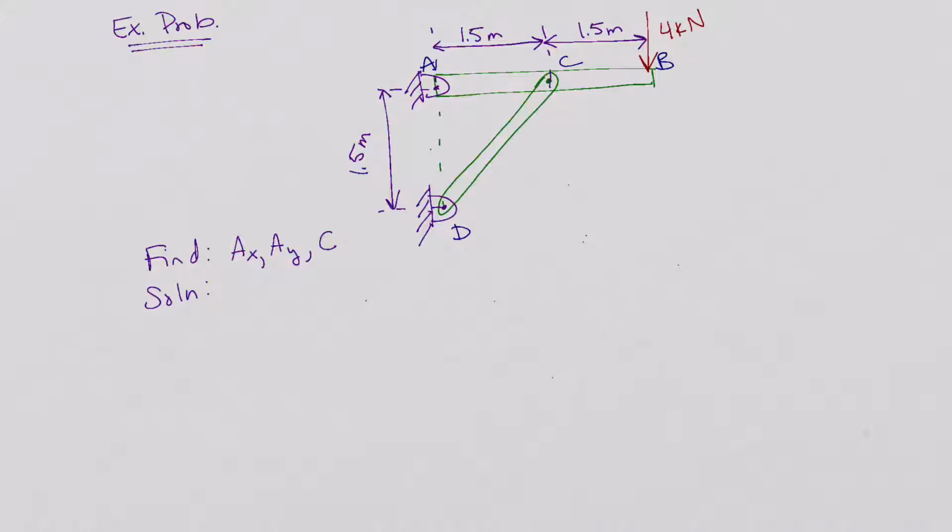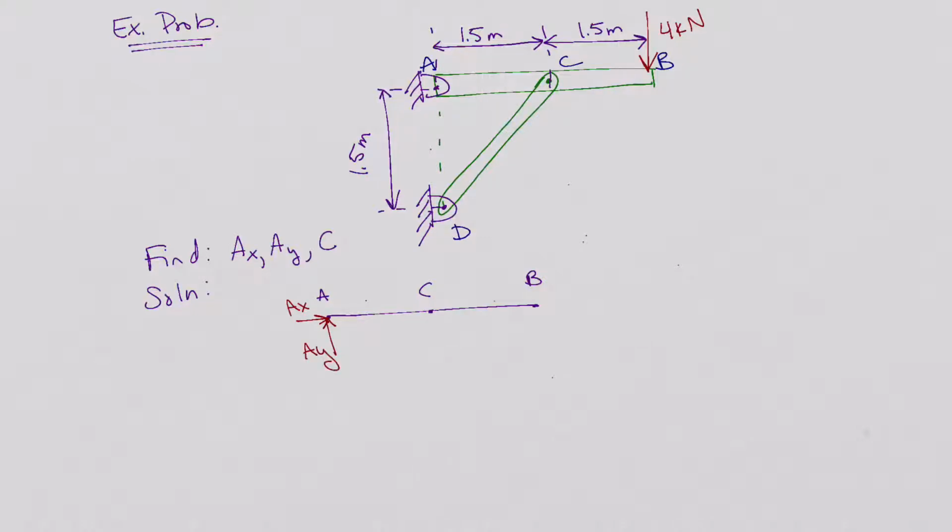So with this, we start out with a free body diagram. I'm just going to draw a simple one just to make sure that it makes sense. So if we do AC, let's do ACB. This is A, C, B. With that, we have AX and AY.